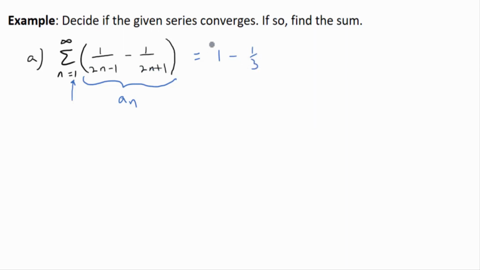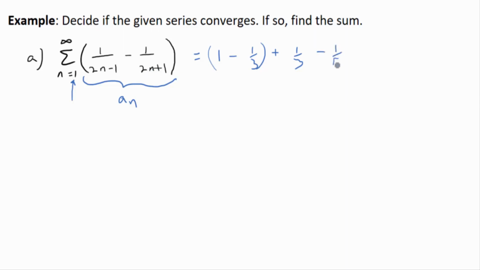You think of that as your first term, even though we're not going to add them together. And then what would the next term be when you plug in 2 for n? 1/3 minus 1/5. You start with 2 here, and you get 4 minus 1 is 3, and then you plug in 2 here and you get 5 in the denominator.